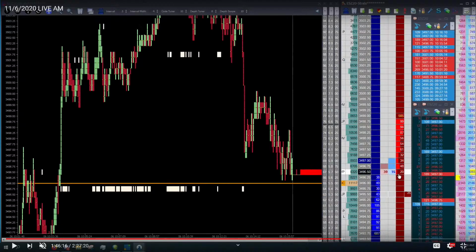I noticed I scrolled the DOM up and down multiple times, which interfered with hitting the BEs or break even.